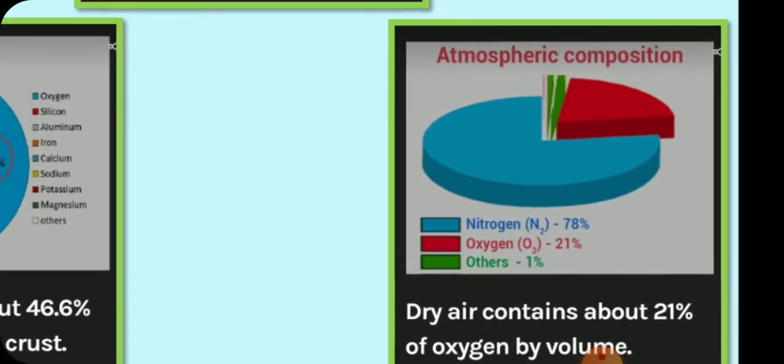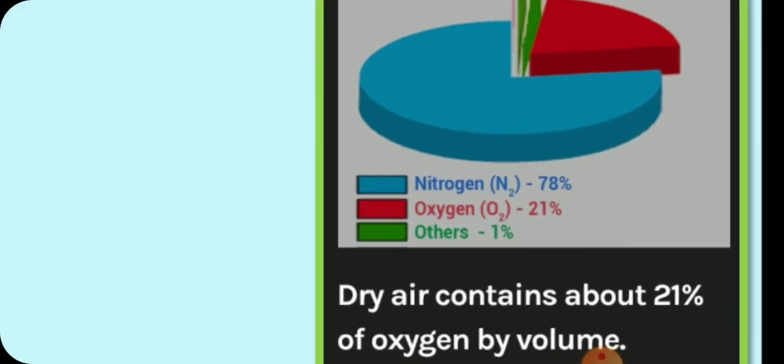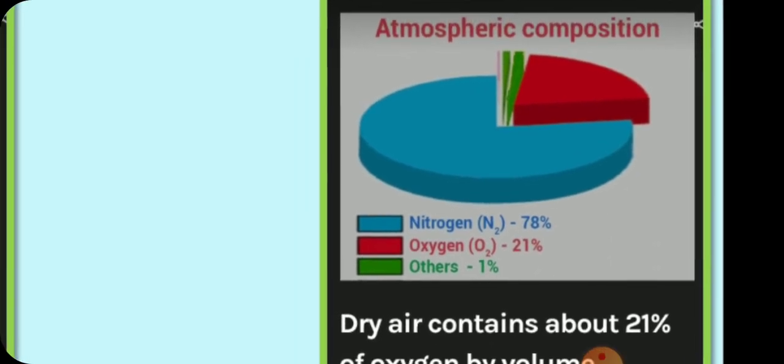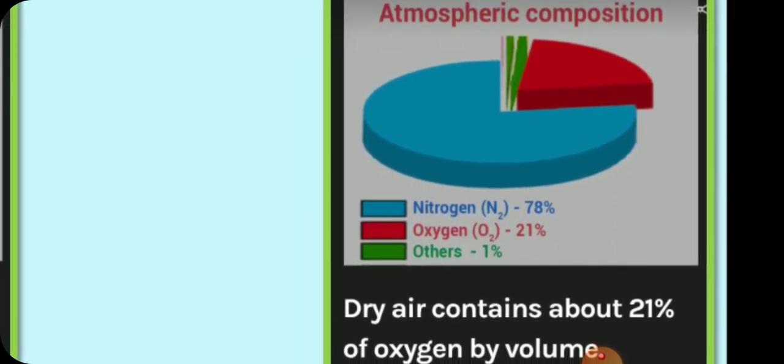So it is present around 20.95, or we call it 21%. The first abundant gas in the earth atmosphere is what? Nitrogen. 78% of atmospheric air is composed of nitrogen. Oxygen is in second place, around 21%.